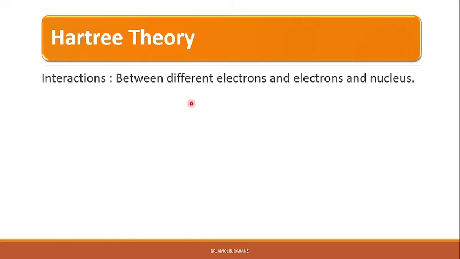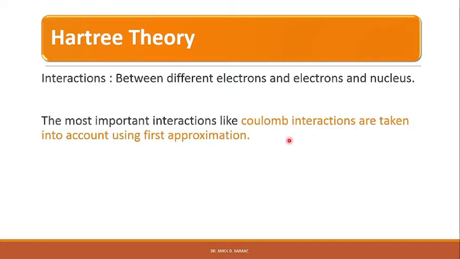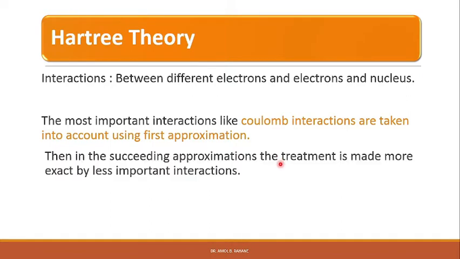We have the Coulomb interactions, that means interactions between electrons and interactions between electrons and the nucleus. These important interactions are Coulomb interactions, and they are taken into account by using the first approximation. In the successive approximations, we treat the other interactions.